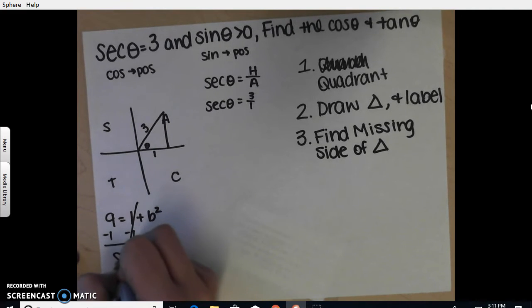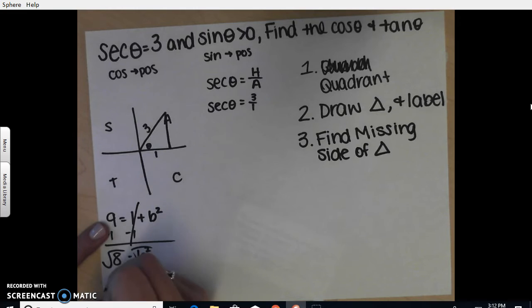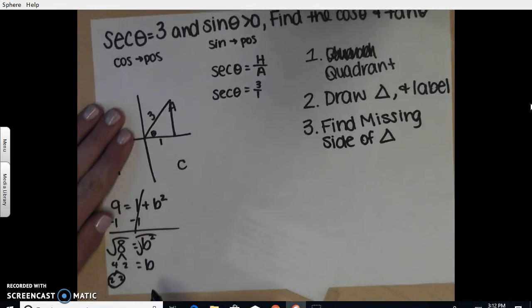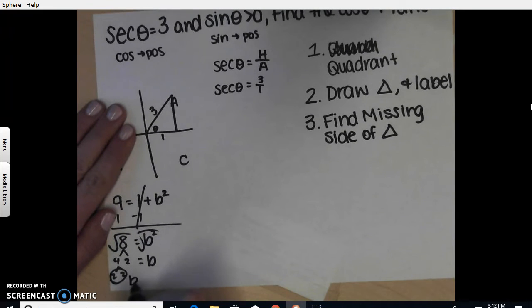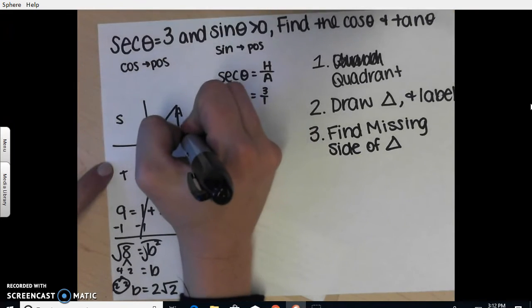B squared is equal to 8. Square root both sides. B is equal to, split up 8 into 2, 2, and 2. I have a group of 2's, which means I have B is equal to 2 root 2. I'm going to label my last side.